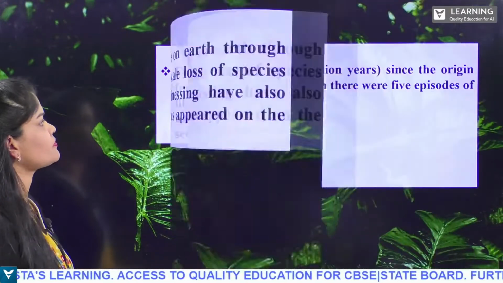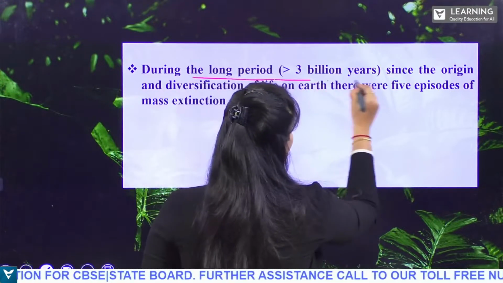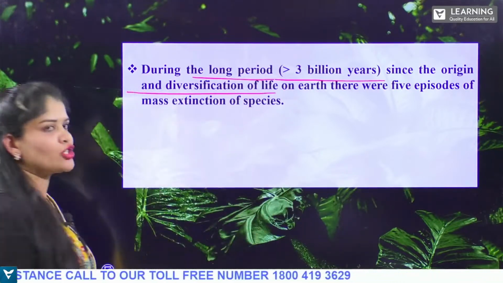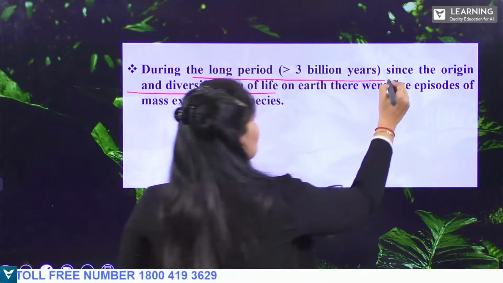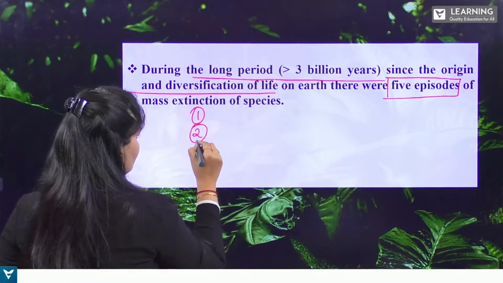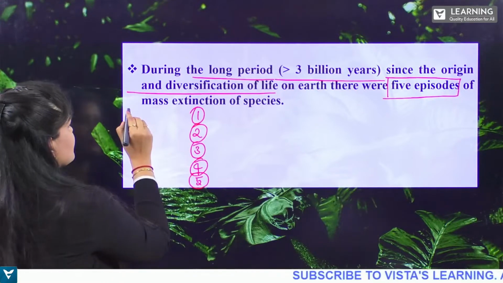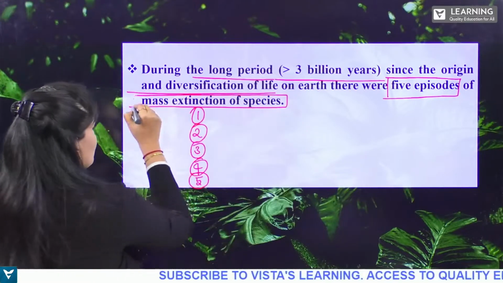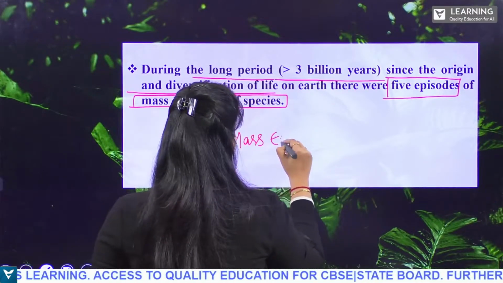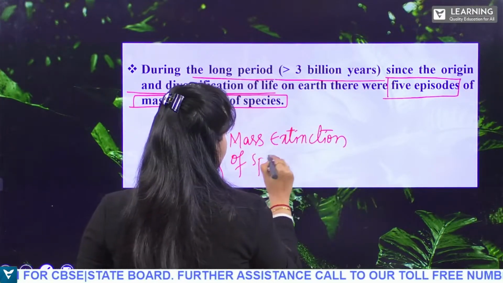Now, as we already said, during the long period of more than 3 billion years since the origin and diversification of life on Earth, there were 5 episodes of mass extinctions of species.